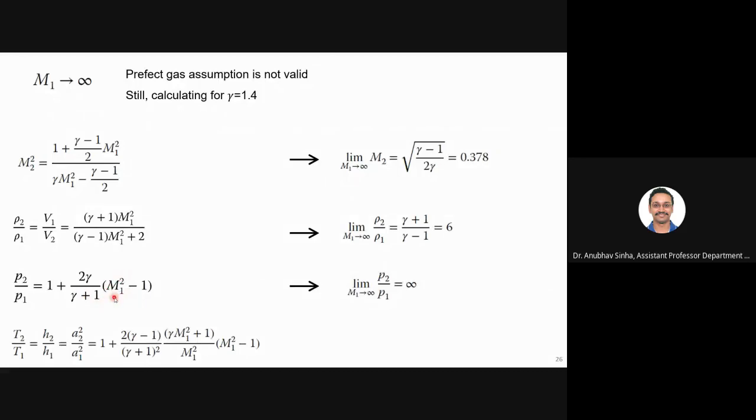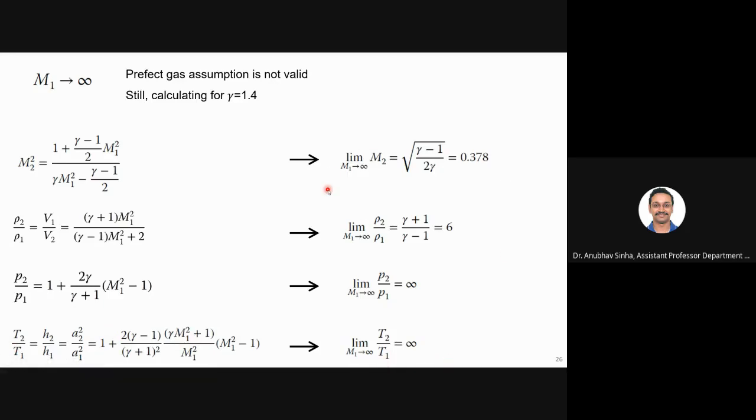So when this approaches infinity, this whole term will go to infinity. And similarly for the temperature ratio, actually this will get cancelled, but one more term is there in M1, so that will drive this to infinity. So this is the general behavior that we have.